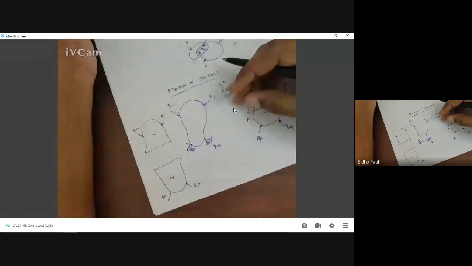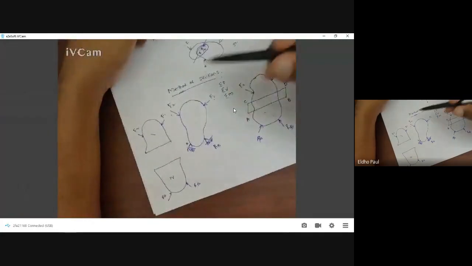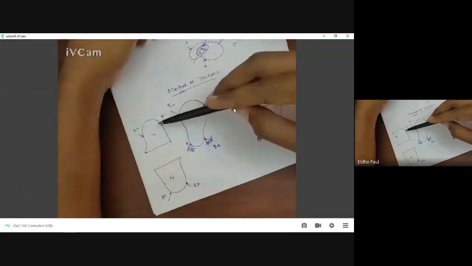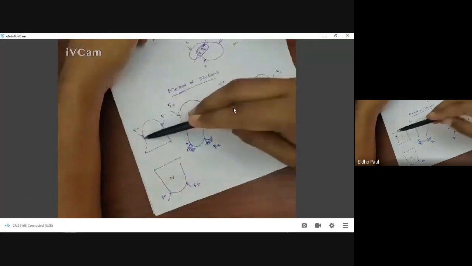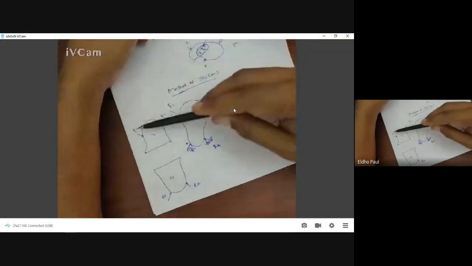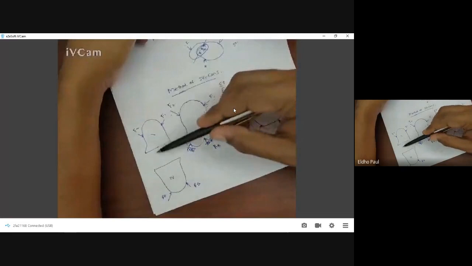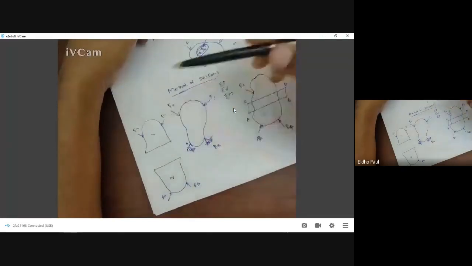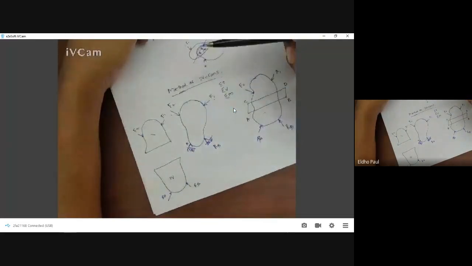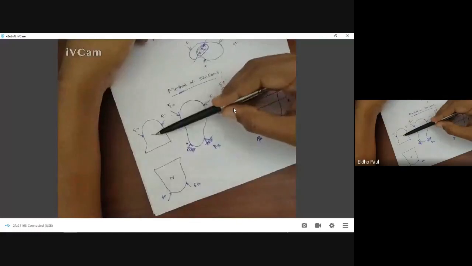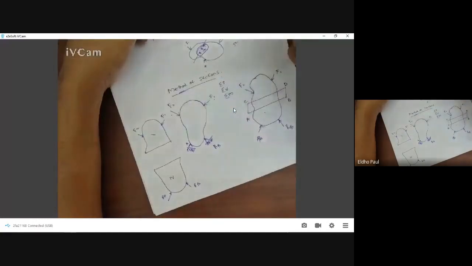Okay, but here we can see the two unbalanced forces, F1 and F2. These two are unbalanced forces because there is no resistance offered against this F1 and F2. If this body is in equilibrium, there should not be any unbalanced force. Sum of all forces should be equal to 0.